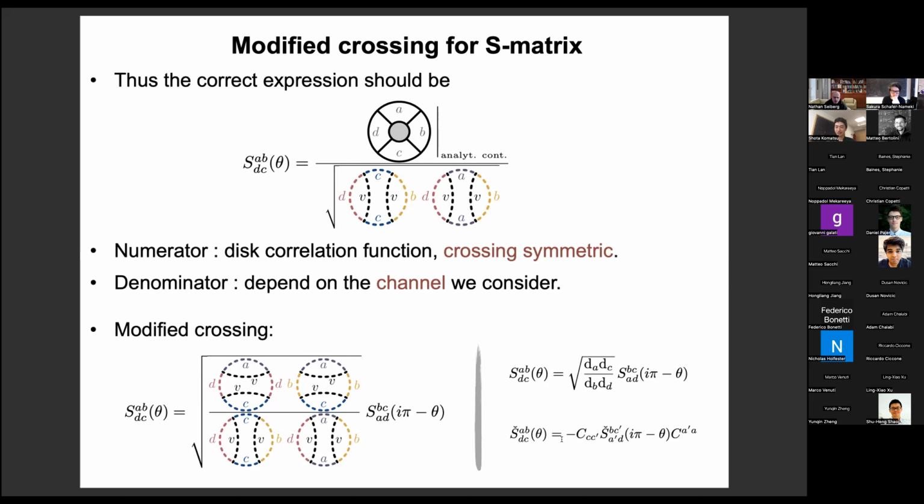The question is really whether there's a unitary transformation on the in Hilbert space that removes it. Yeah, I see. That's a good point. I don't have an answer now. Thank you.